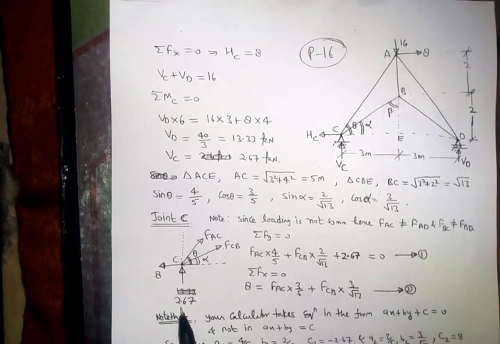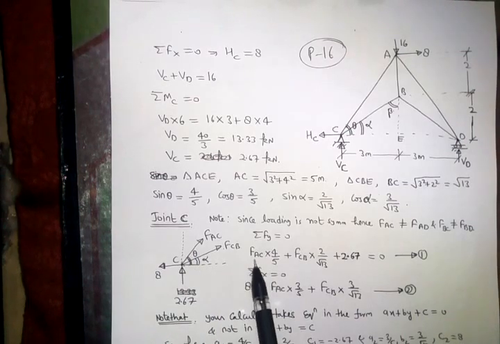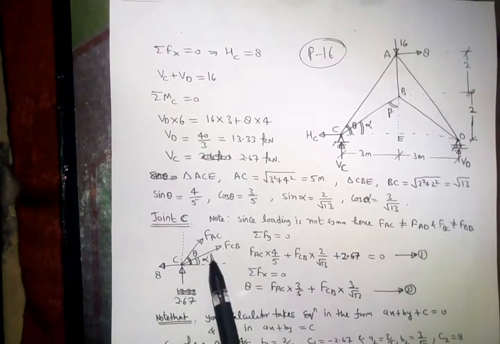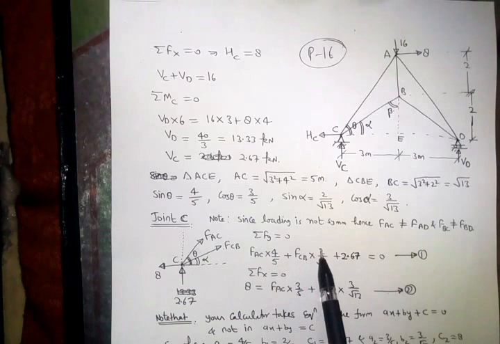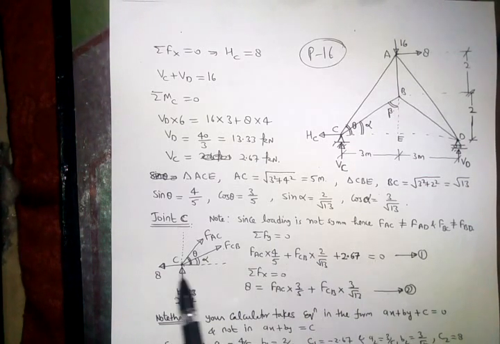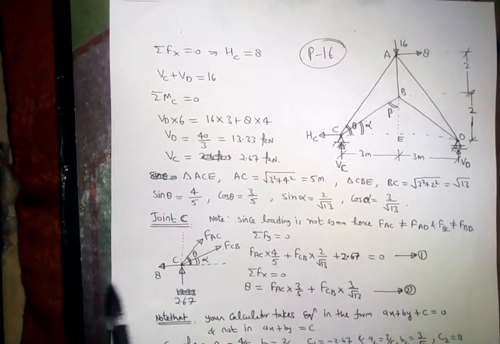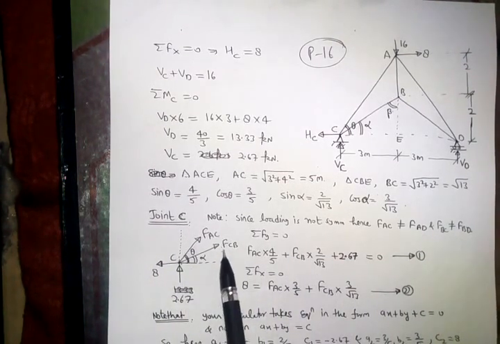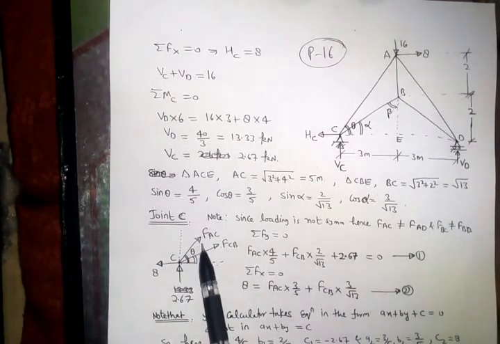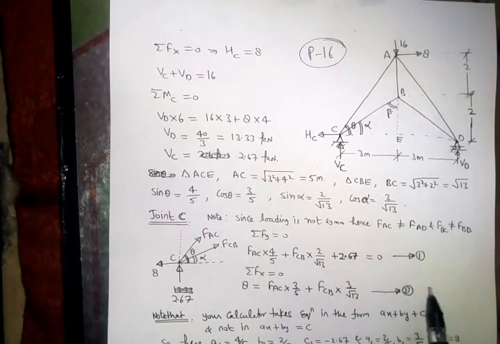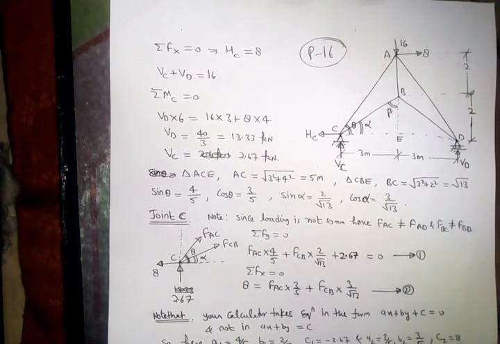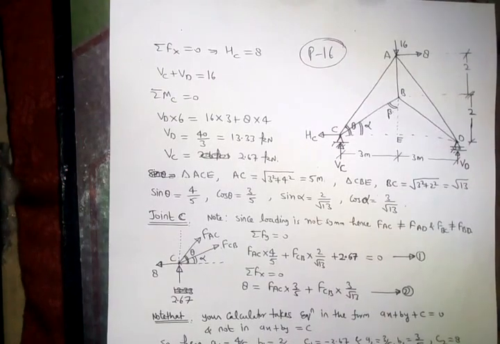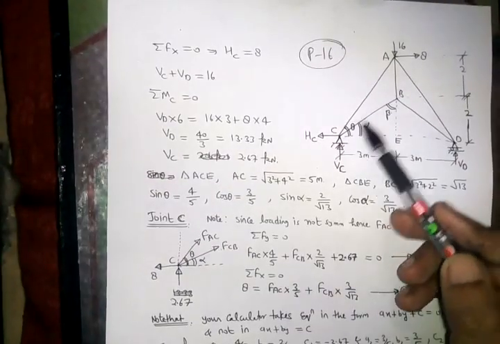But up force is 2.67 plus FAC sin theta, which is 4 by 5, plus FCB sin alpha, 2 by root 3, equal to 0. Equation 1. Summation Fx = 0 means force in this direction equal to force in this direction. In this direction only 8. In this direction FCB cos alpha plus FAC cos theta. Using these equations we can find out FCB and FAC, right? So we can find out in this and this.